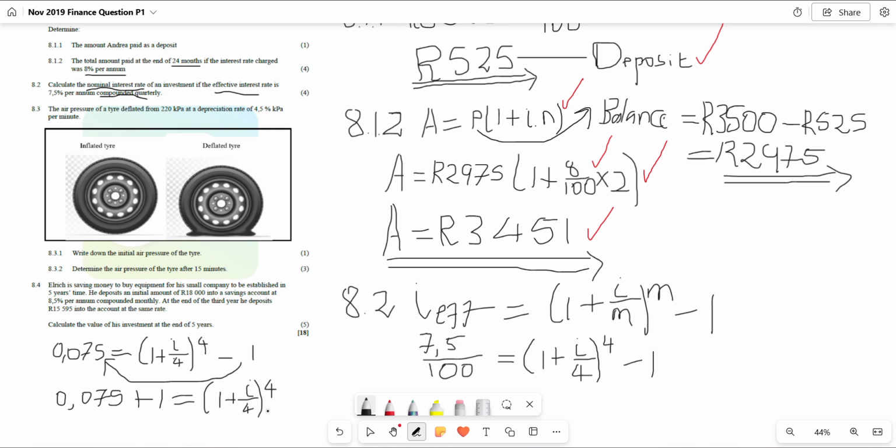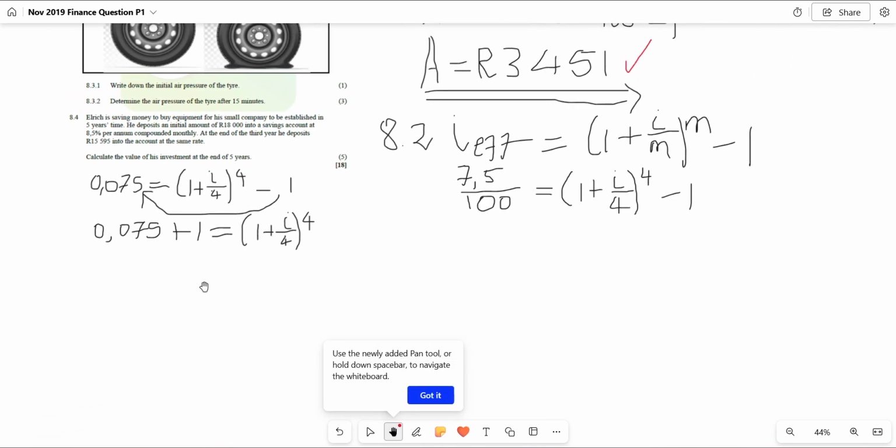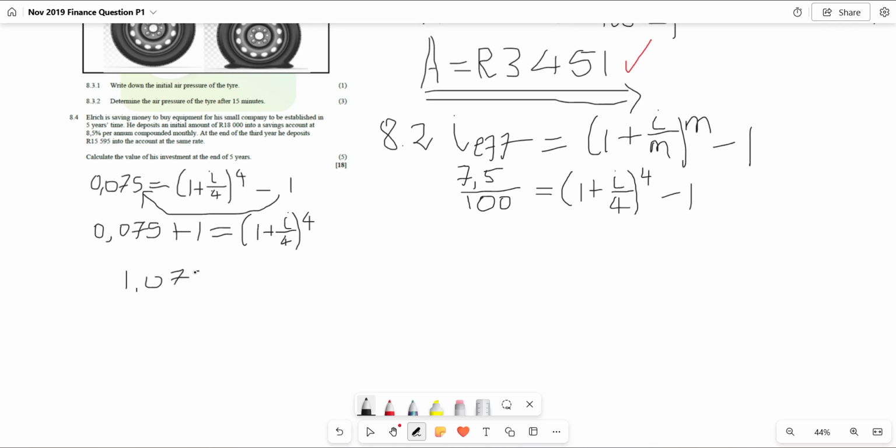Then 0.075 plus 1 gives us 1.075, which is equal to, in bracket, 1 plus I divided by 4, all to the power of 4.